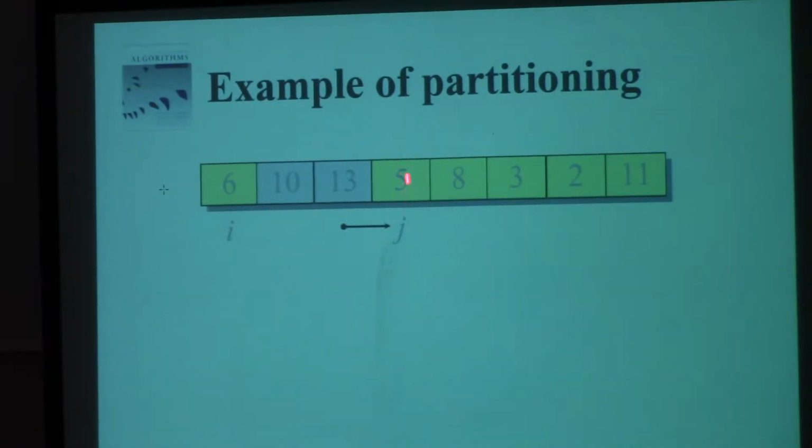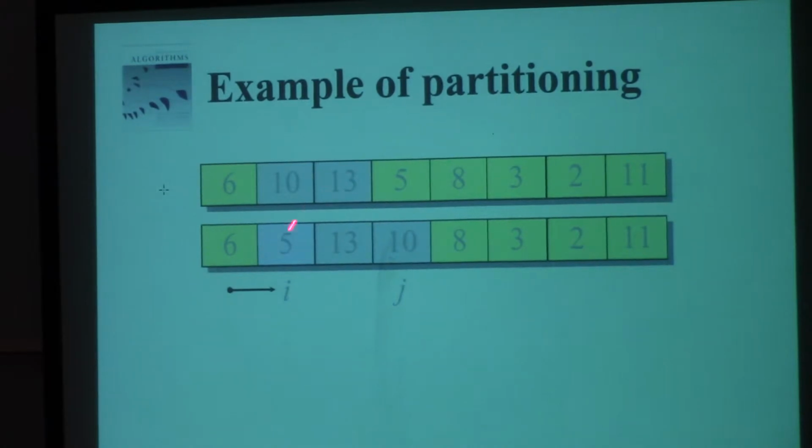But we had a violation here. This number was less than or equal to the pivot. So therefore these two elements could now be freely exchanged. So i goes up here, and the 5 and the 10 swap. So notice that now i marks the edge of elements less than or equal to 6.